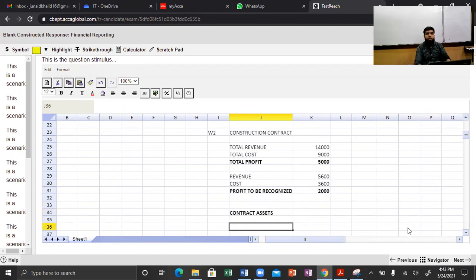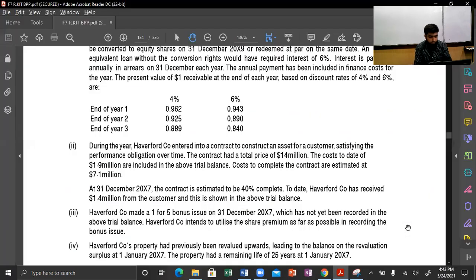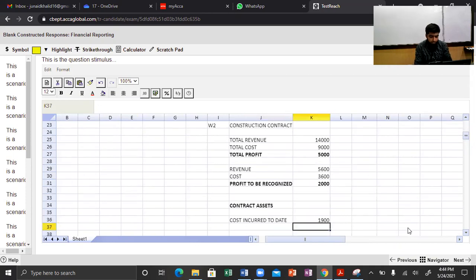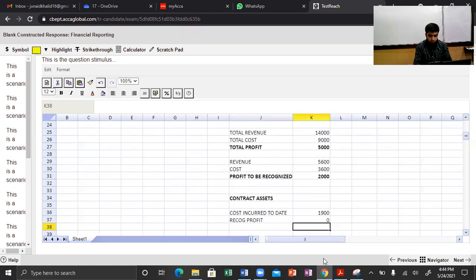The formula for calculating the amount of a contract asset or contract liability is the cost incurred to date. The cost incurred to date was 1.9 million, that is 1900. And the recognized profit is 2000.